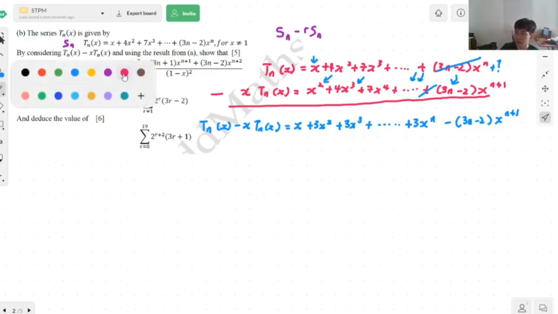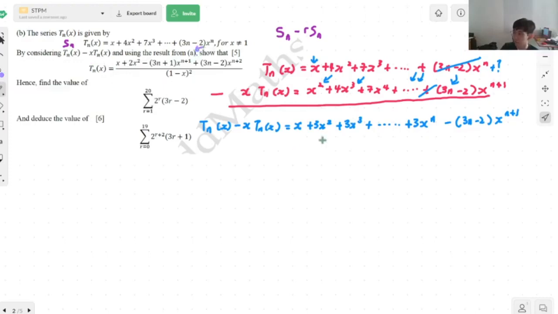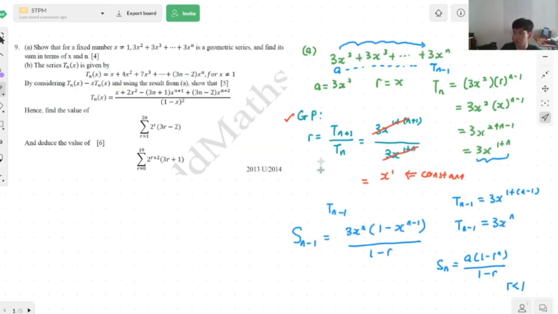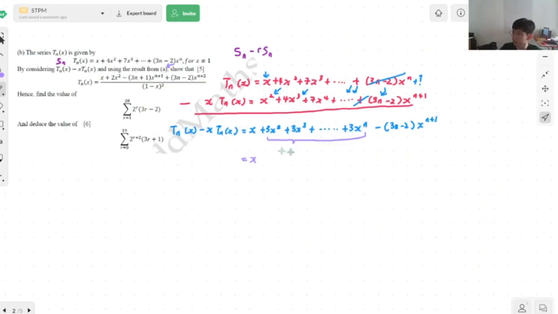And then, as we can see, we are going to use the result from A. From this 3x squared, 3x cubed, 3x^n, we know that this is the result from here. When we add this up, the Sn formula is this one. So I'm going to copy this formula to here.